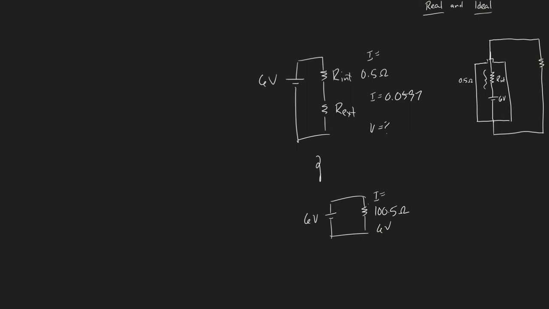Let's say we're doing the 5 ohm bulb. Total resistance, 5 plus 0.5. The current's got to be 6 divided by 5.5. So I get 1 point something there, 1.09.